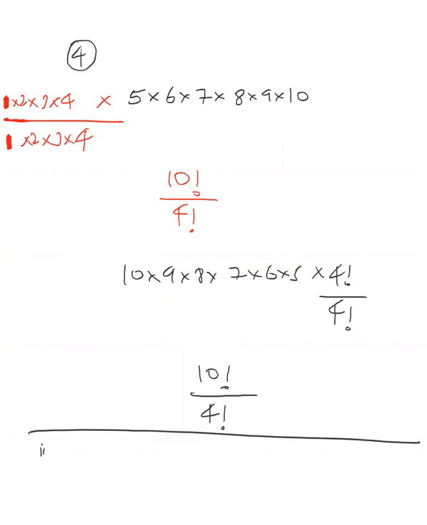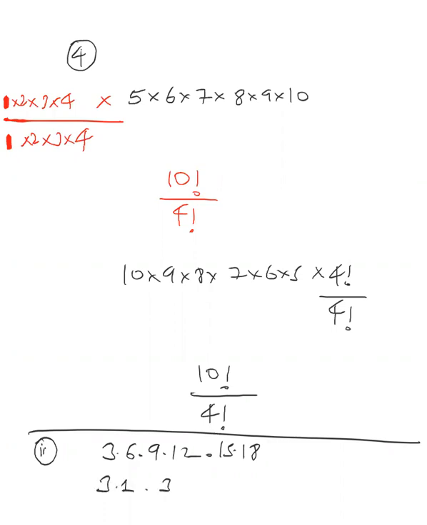Second subdivision: 3 into 6 into 9 into 12 into 15 into 18. Now here, what you can do: first you take 3 common.